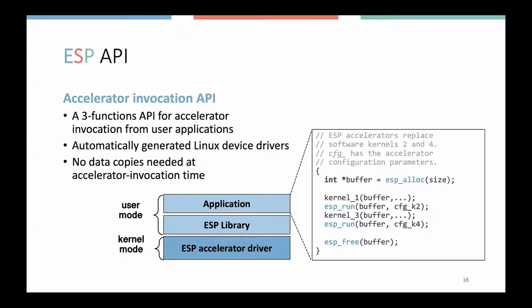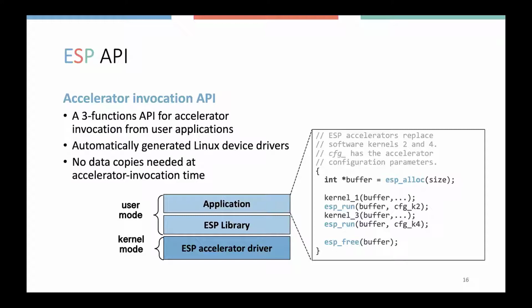Now, the second thing that the API does for you is being able to invoke the accelerators, not just one, but even more than one in parallel, by using a simple configuration structure that will enable it once all the accelerators are configured, eventually even for point-to-point communication when necessary, and allow you to run them in parallel.